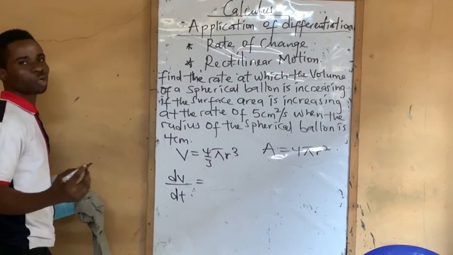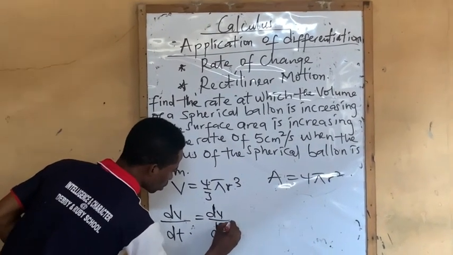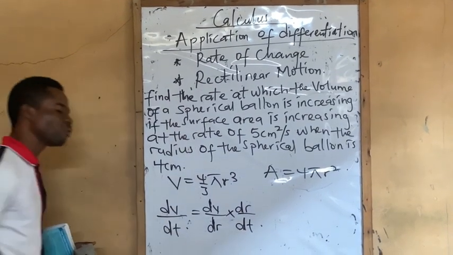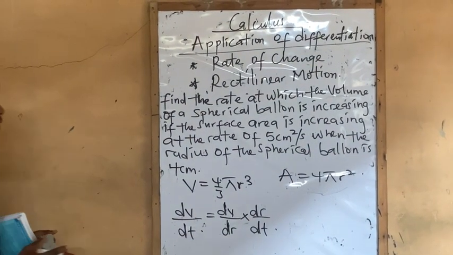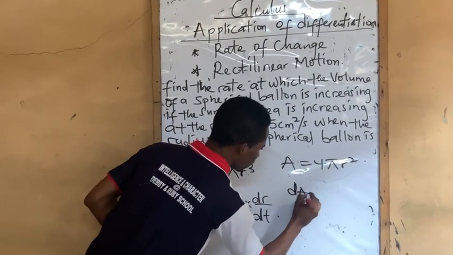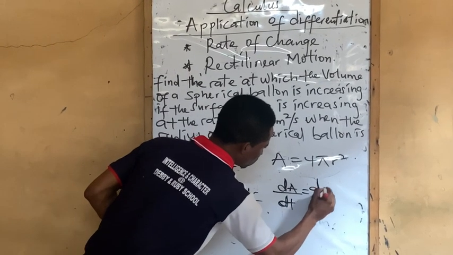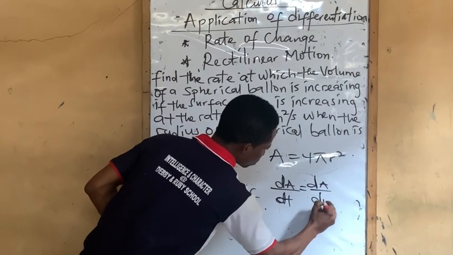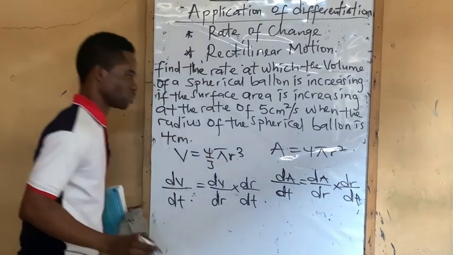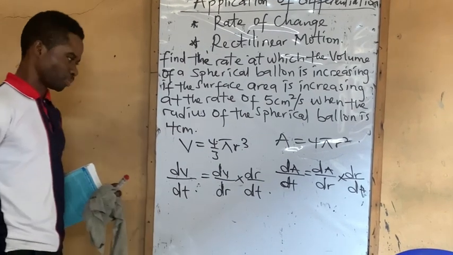Like the one I did the other time, it will be dV/dr multiplied by dr/dt, as if we are doing our function of a function theory. The same thing, everything we need here is dA/dt, and dA/dt will be dA/dr multiplied by dr/dt. That's all we need.